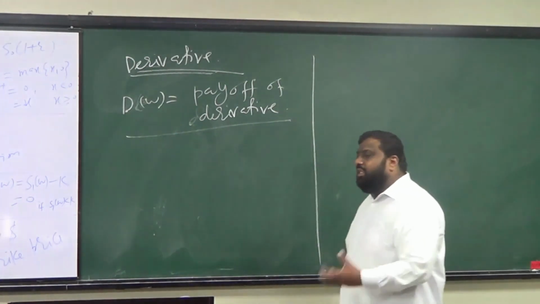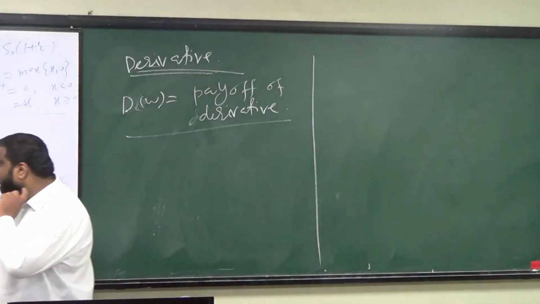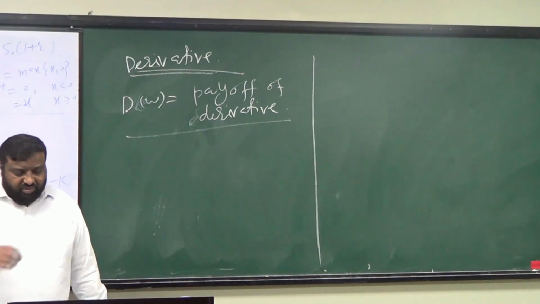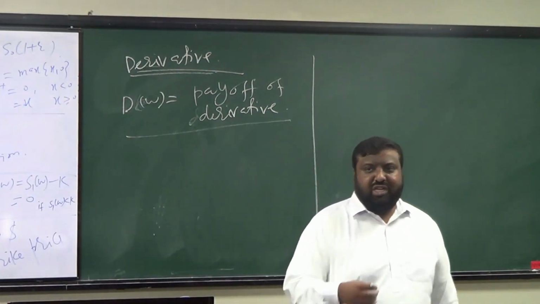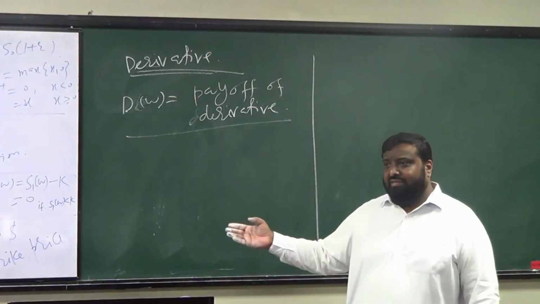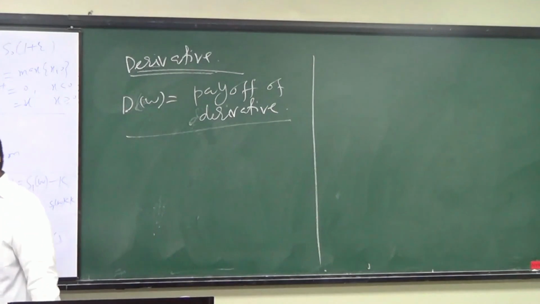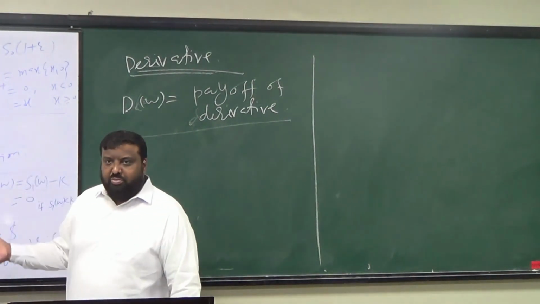Just think about it. This is also a good thing about what this guy is doing. The person with the long position in the option is making his future risk-free. That's what he's doing. But he needs to pay a price for it, and that price is the premium.